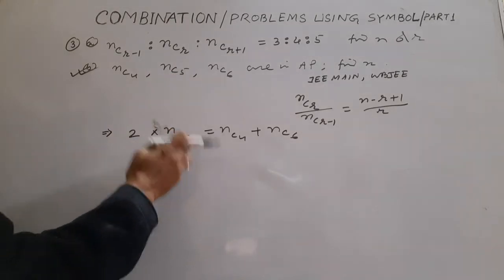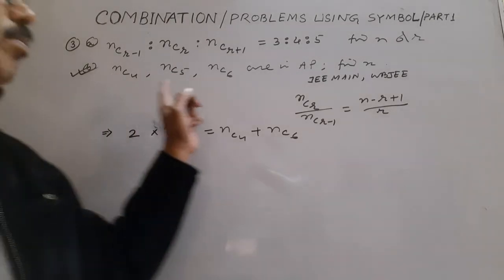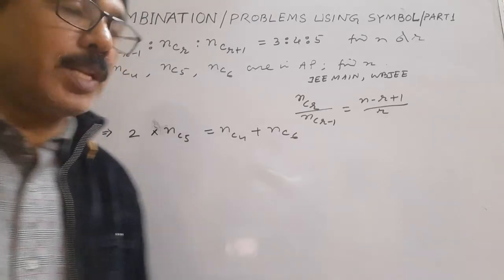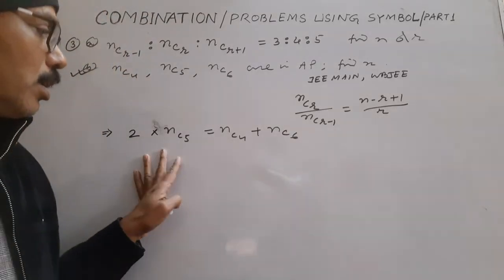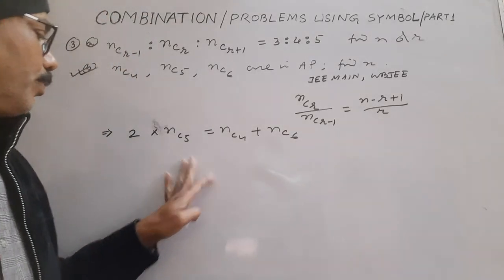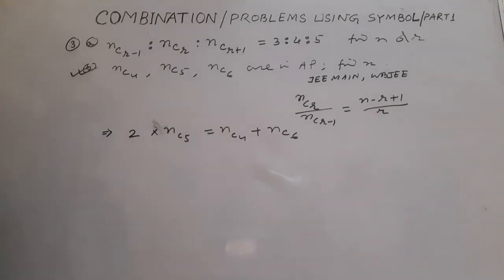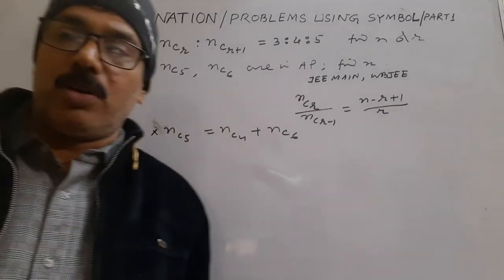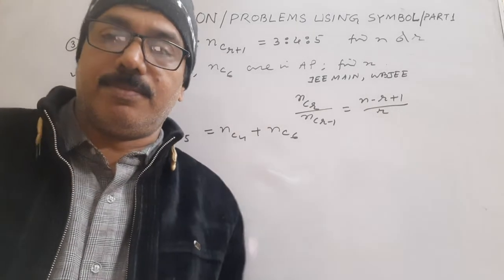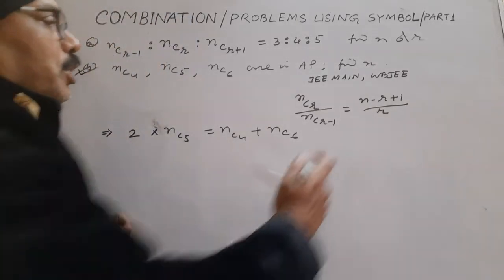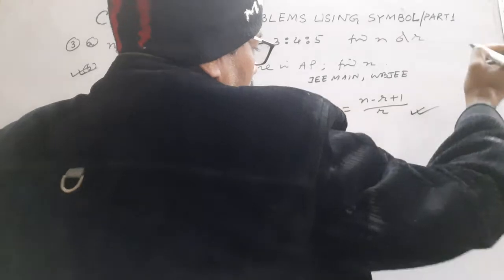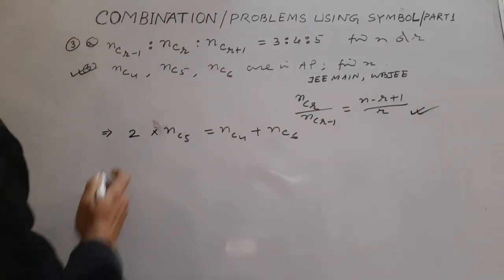Twice the second term equals first term plus third term. Now, expanding it and cancelling the factorial symbols, you can find N. But we use this theory. It will take minimum time.